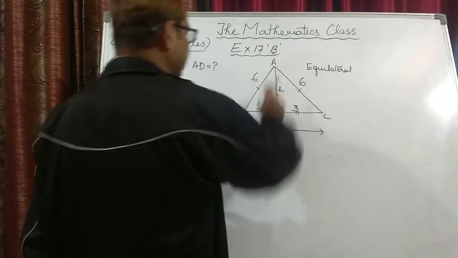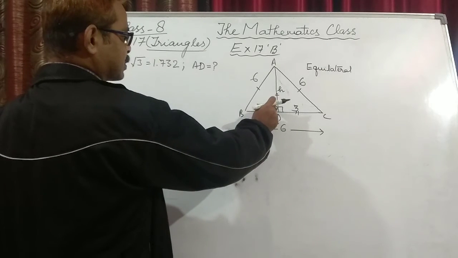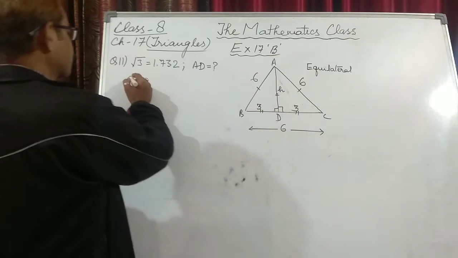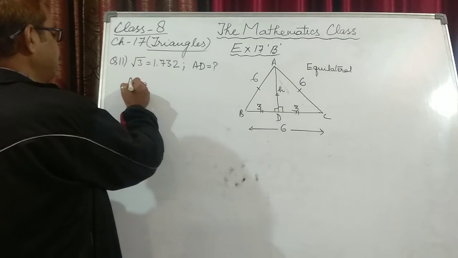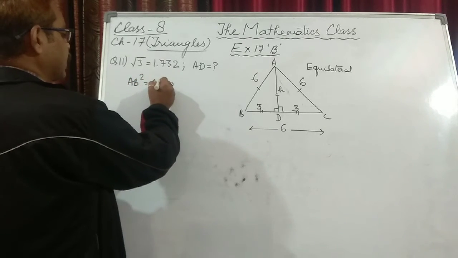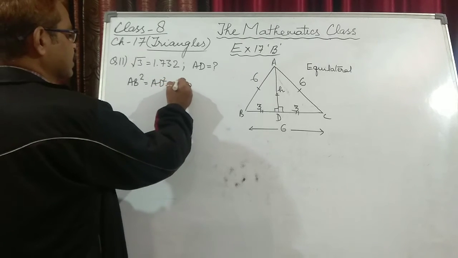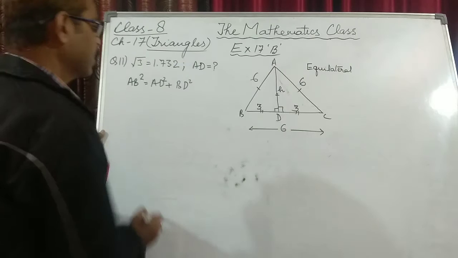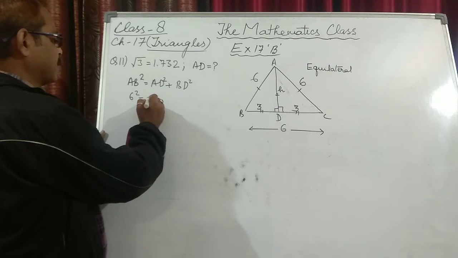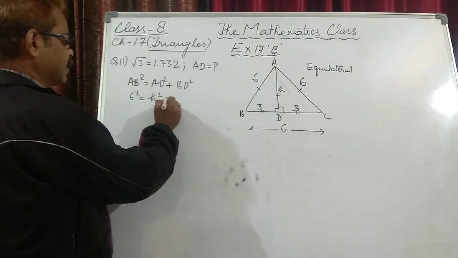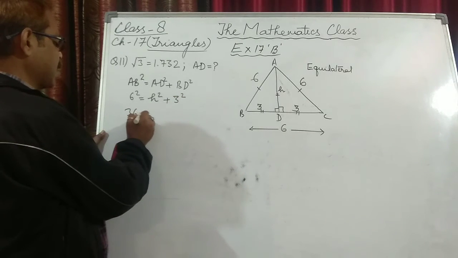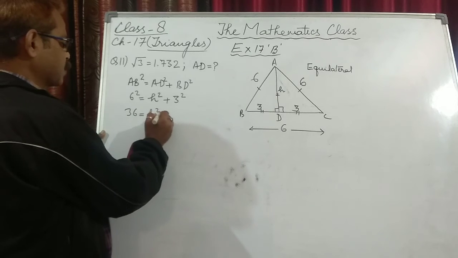Now we have to find AD. We know that this is a 90 degree angle at D, so the side opposite to 90 degree will be AB. AB will act as the hypotenuse, so I can say that AB square is equal to AD square plus BD square. Now AB is 6, so 6 square, AD is H, so H square plus BD, which is 3 square. 6 square is 36, equal to H square plus 9.